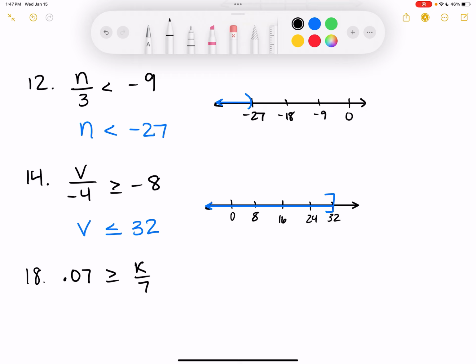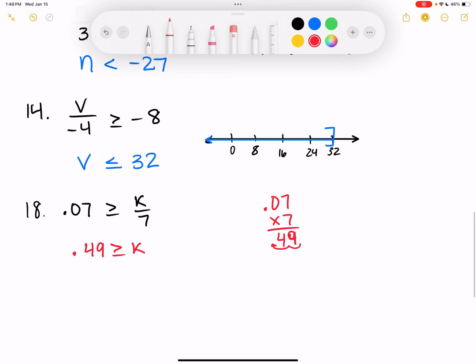So we're multiplying by 7, and some of us are struggling with it. 0.07 times 7 would be 49. We move the decimal 2 places, so it is 0.49. 0.49 is greater than or equal to k. Flip it so k is on the other side. So k is less than or equal to 0.49.